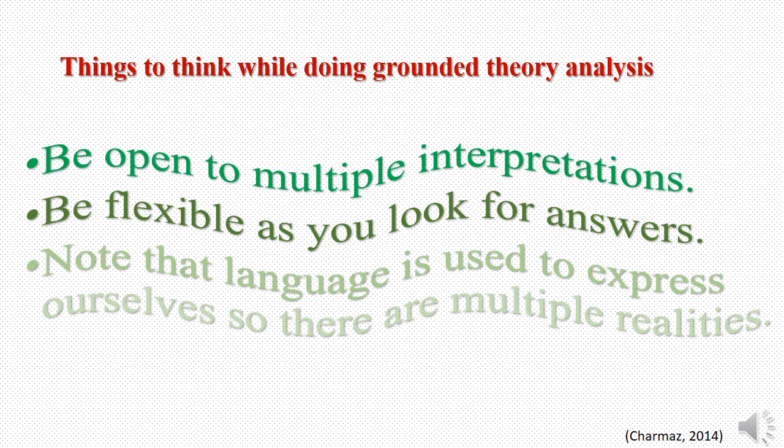So be prepared for multiple interpretations. You have to be flexible as you look for answers. Don't keep in your mind that you would have a 2 plus 2 equals 4 sort of objective answer. Note that language is used to express ourselves, so there are multiple realities. Maybe the same sentence would be describing a different perspective.